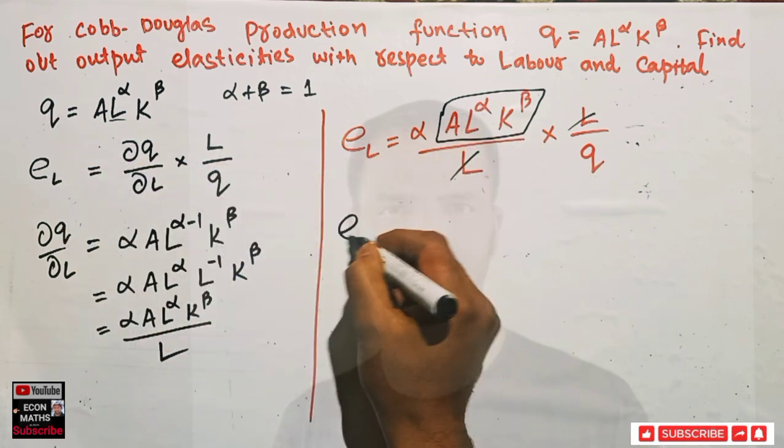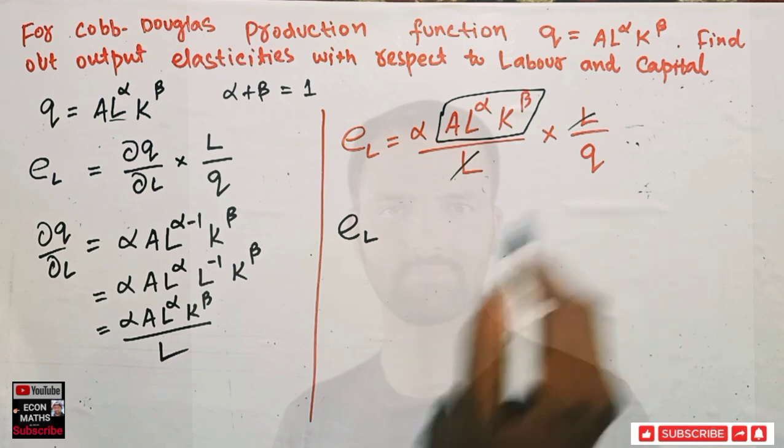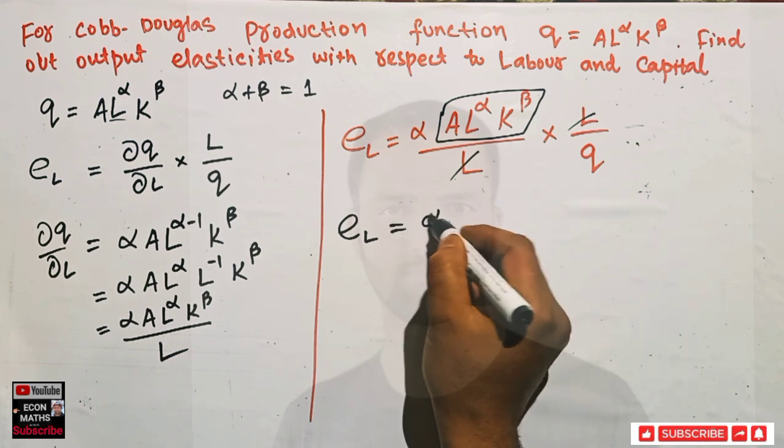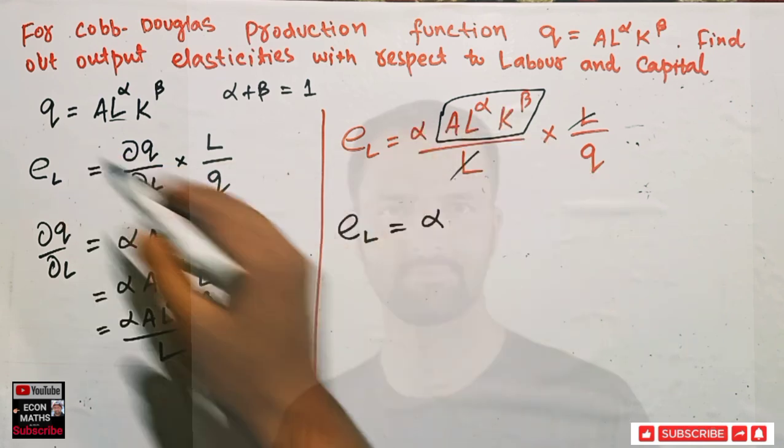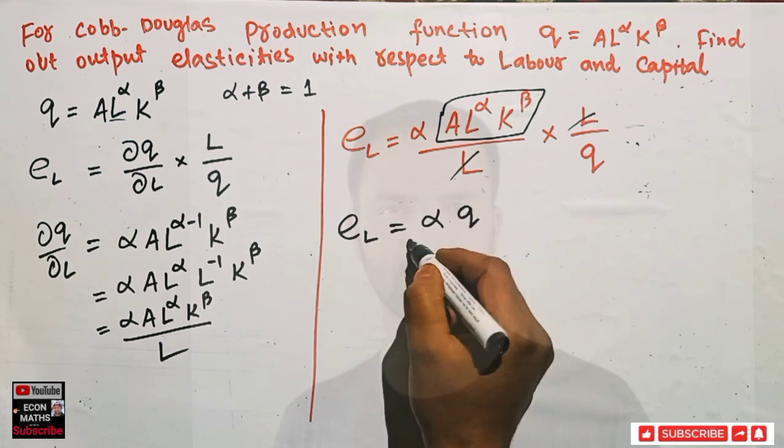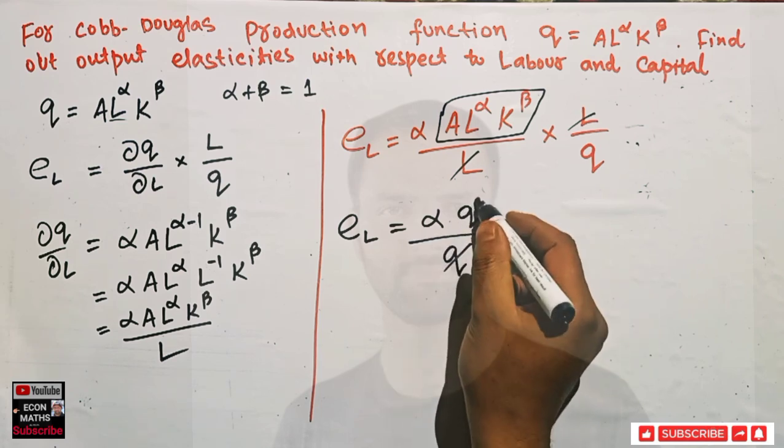So I can write E_L, that means output elasticity of labor, is equal to alpha. In place of this very thing, I can write Q upon Q. So Q and Q get cancelled.